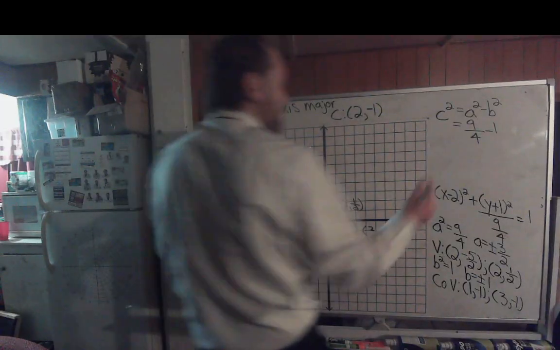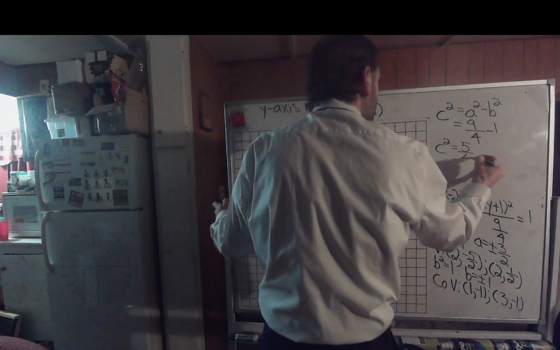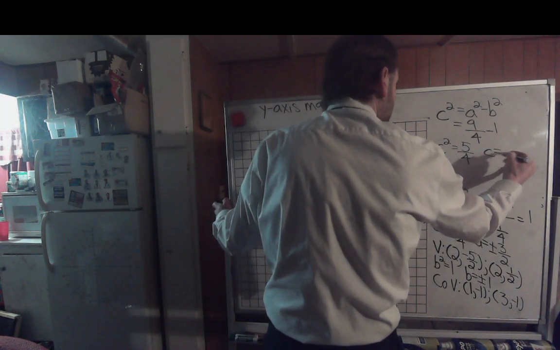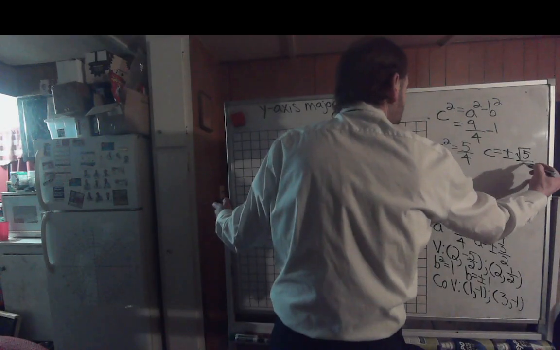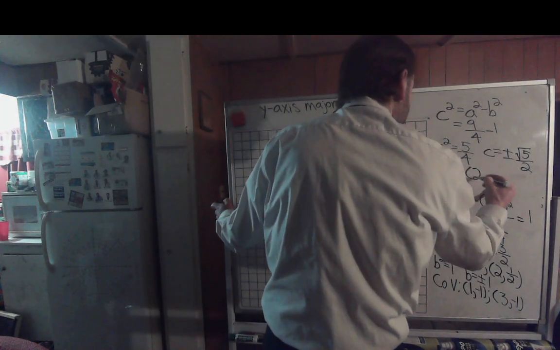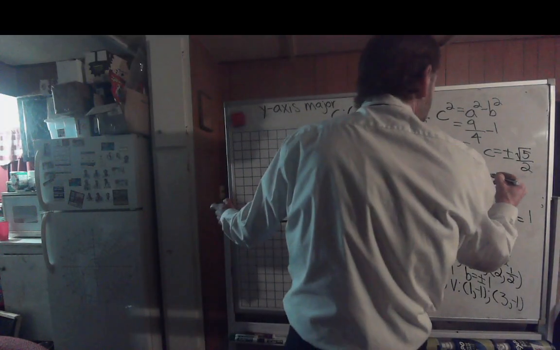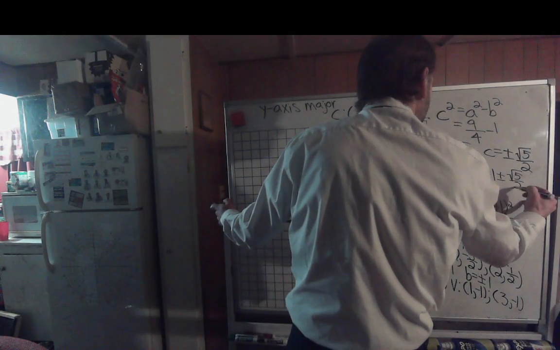So this means that c squared equals 5/4, which then means that c equals both plus and minus the square root of 5 over 2. Yeah, that just got a bit messy, didn't it? But you can have that. Well, if the y-axis is the major axis, that means you'll leave your x-coordinate alone. You'll have 2, then -1 plus and minus the square root of 5 over 2 for your foci.